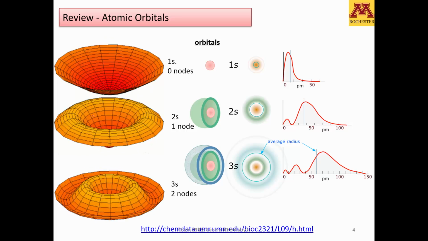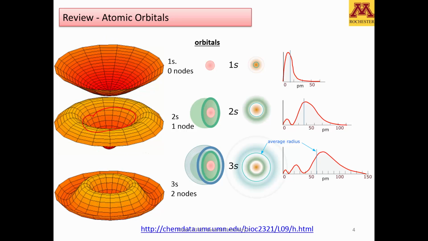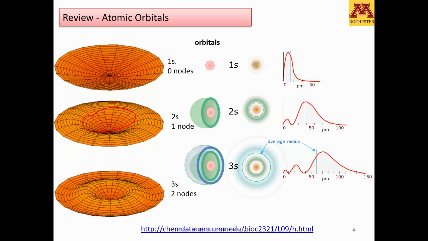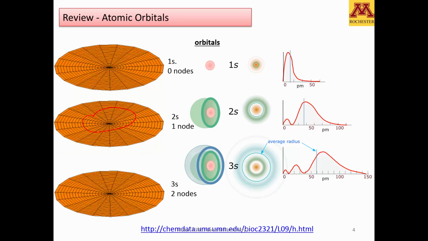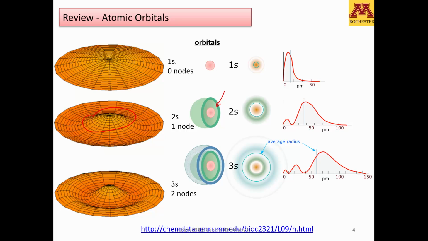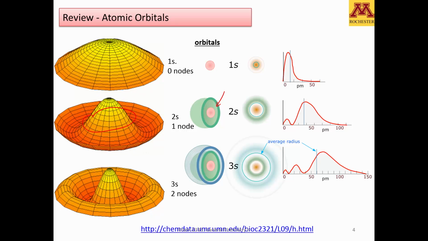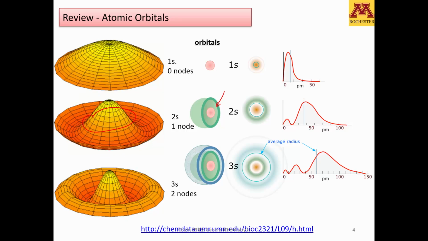The 2s has a node, an area where there is zero probability to find the electron, so you can think of the 2s as two concentric spheres, and the 3s has two nodes, so it has three concentric spheres.